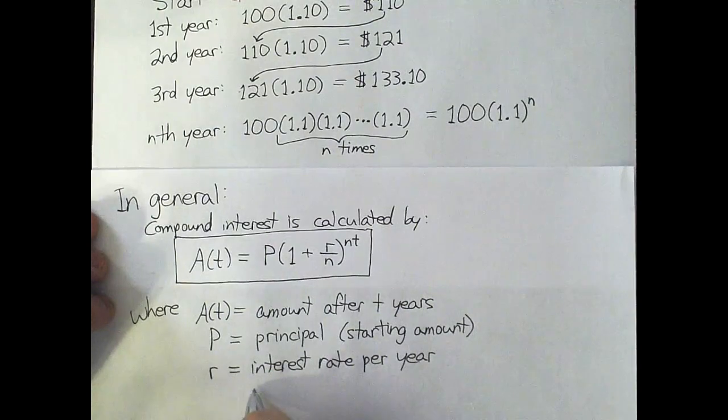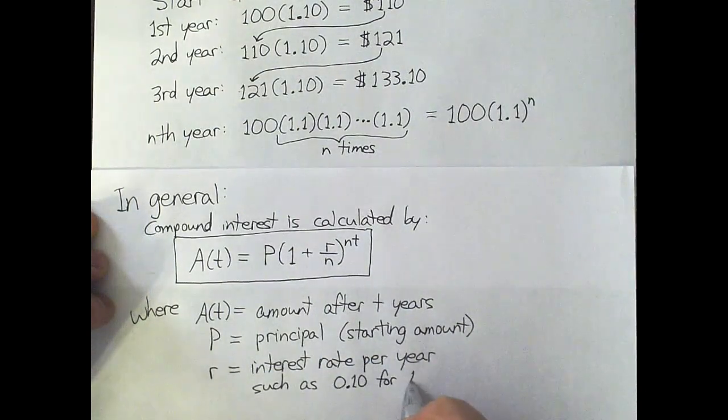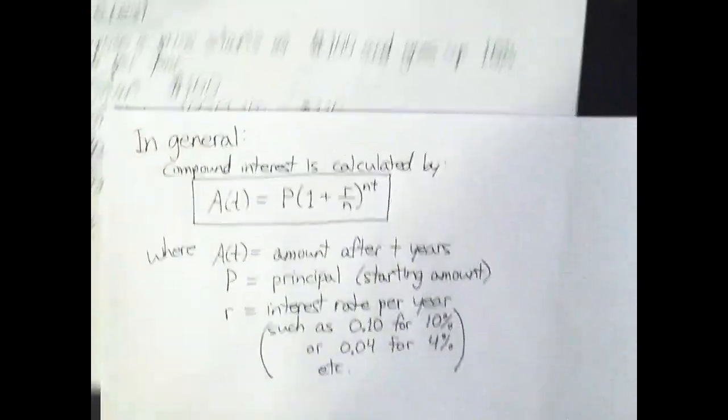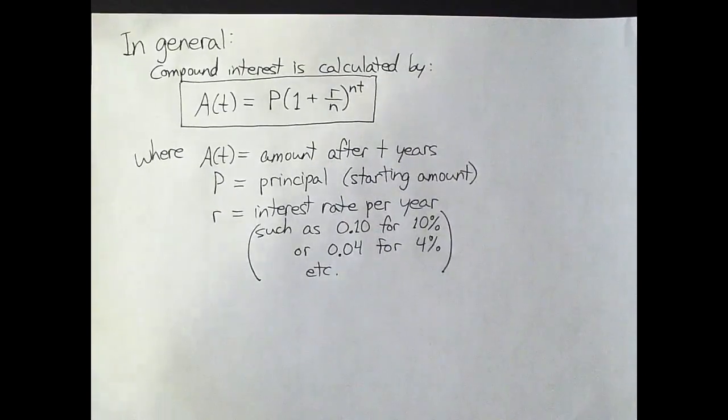So I'm going to say such as 0.10 for 10%, or 0.04 for 4%, etc. Interest rates are typically given as a percentage, but when we put it into this formula, we'll put it in as a decimal.